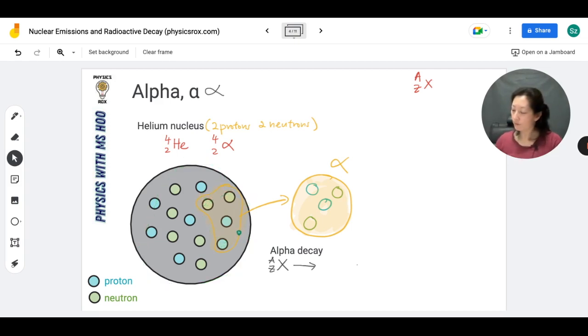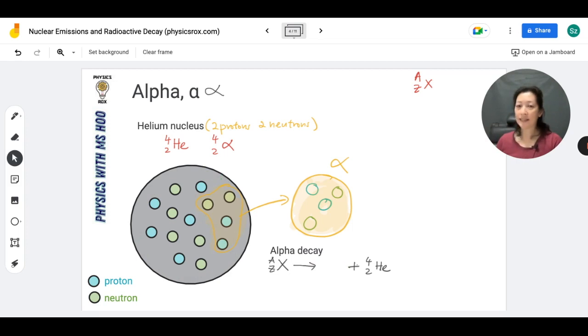So I'm going to write it this way. This is how we normally write it. The first part is normally this remaining nucleus, and the second part will be the alpha particle. Although it's not wrong to write alpha first, I'm going to follow normal convention. So we're going to write 4-2He over here, which is basically the alpha particle. If you wrote 4-alpha, it's also not wrong. What goes here would be the remaining nucleus with all the remaining protons and neutrons.